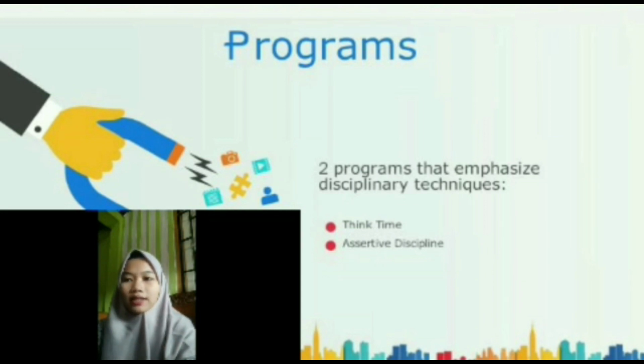And the last step is to implement a system of rewards or positive consequences for positive behavior. These changes in assertive discipline are substantive and have transformed it into a program that employs a balance of negative and positive consequences, as opposed to negative consequences only, as is commonly thought.